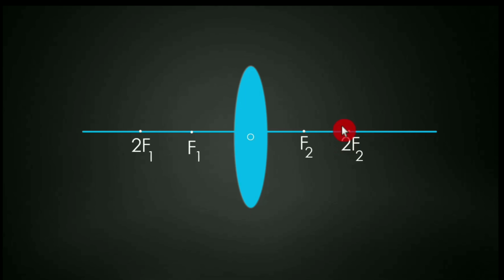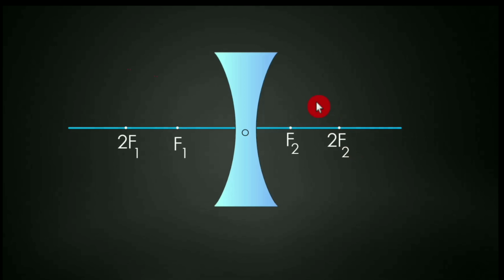The line joining 2F1, F1, optical center, F2 and 2F2 is called the principal axis. Don't confuse, 2F1 is also called C1 and 2F2 is also called C2.